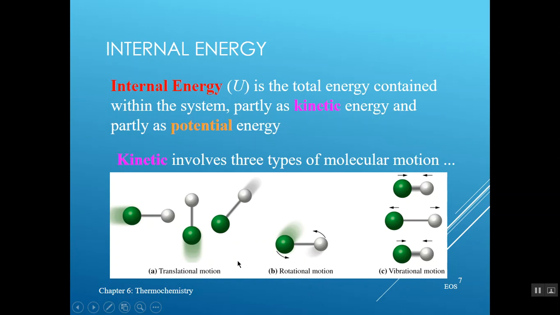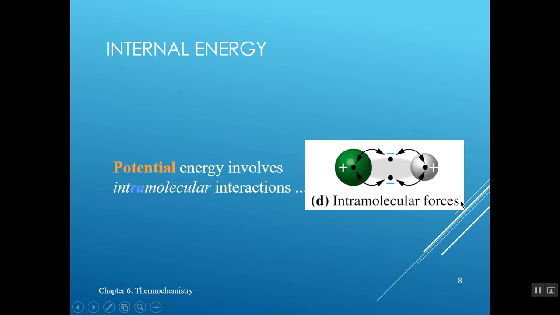And then vibrational motion is where, if you think of a molecule as being two objects connected by a spring, the sort of vibrational behavior that a spring displays is basically what we're talking about here. So these are the three types of kinetic energy or motions that would result in particles having kinetic energy.